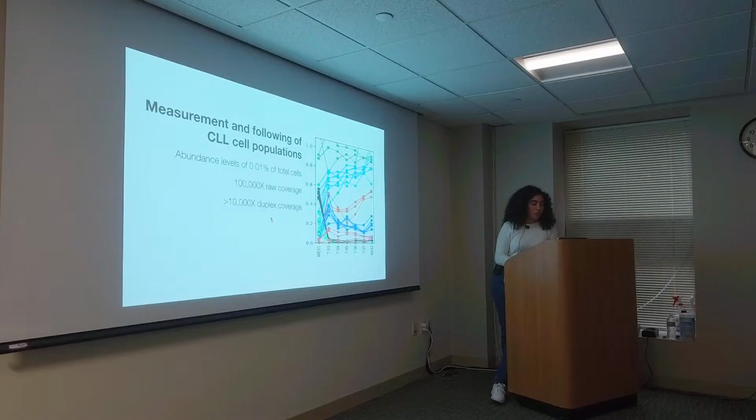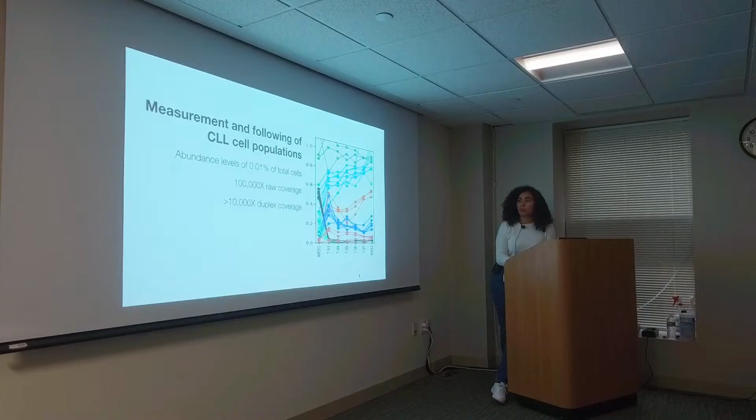Here we're seeing a total, out of the sample that we got, the abundance level was 1.01% of total cells, meaning that we could detect the cells in the MRD state. And we got a very deep coverage, around 100,000x raw coverage, which translated into a 10,000x duplex coverage.